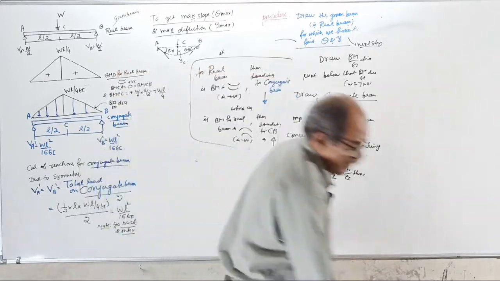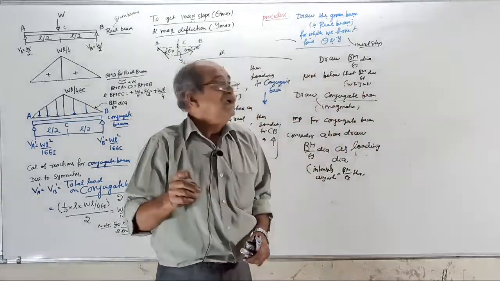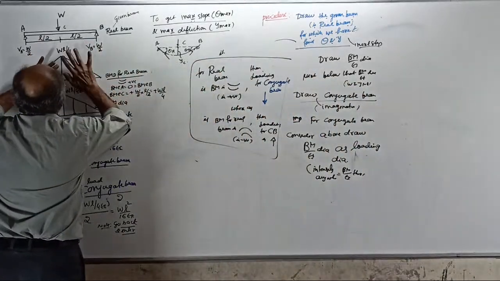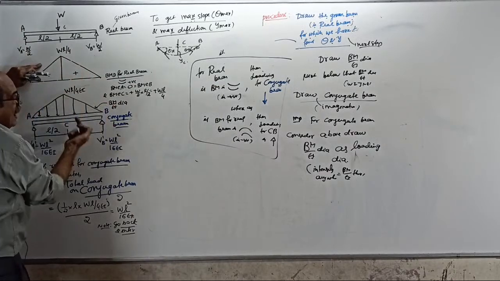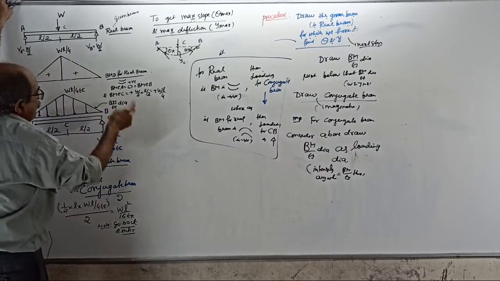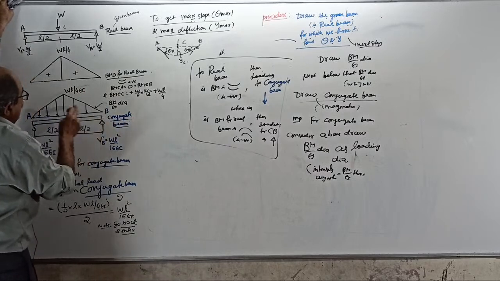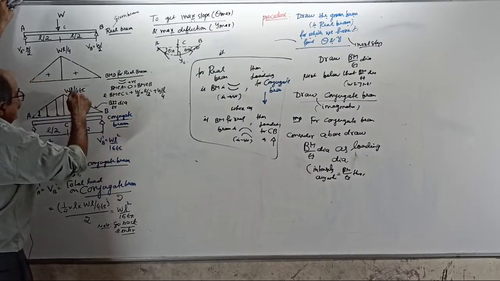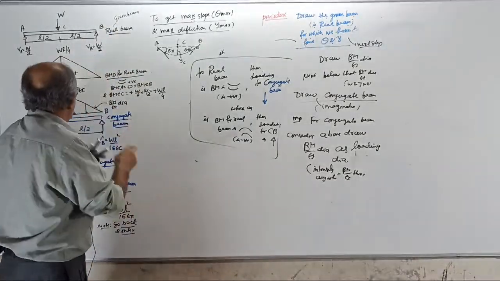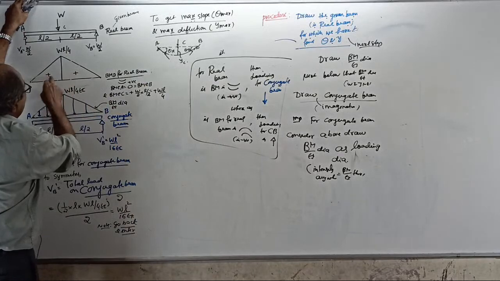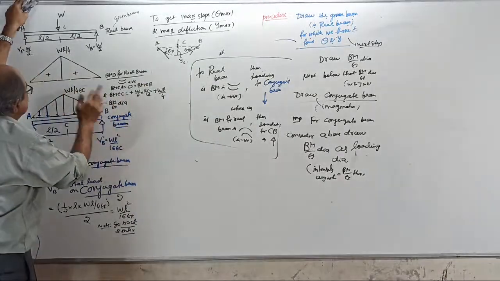Now I will tell lastly, if this BM is plus, downward. If this BM is minus, upward. So tell me, for our conjugate beam, this is the loading diagram. Is the load direction down or up for our problem? It is plus here.